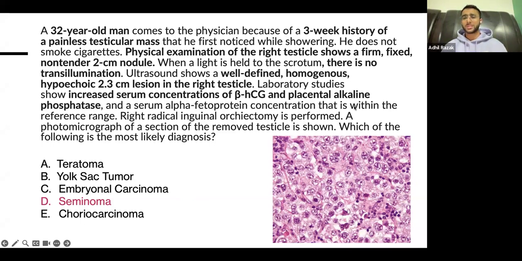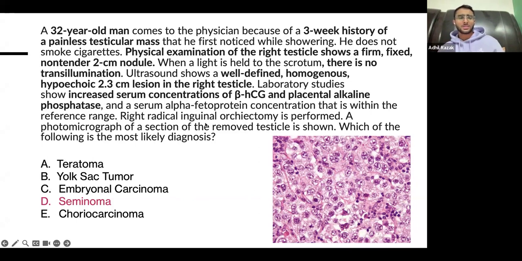I don't think placental alkaline phosphatase was mentioned in your lecture, but maybe it's in one of your clinical lectures. They could just mention this in your exam. Just remember that it is for seminoma. I don't remember reading it in the pathology lectures, but if he did, great.